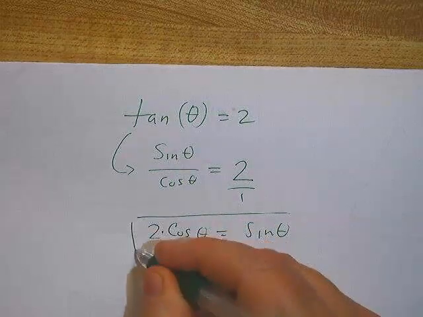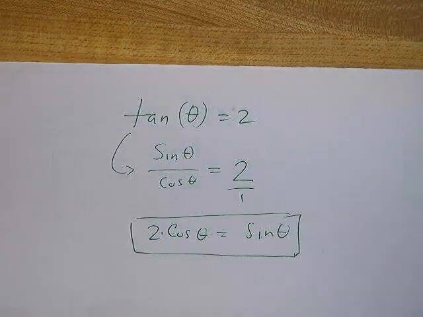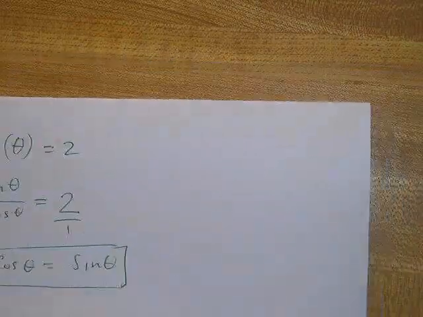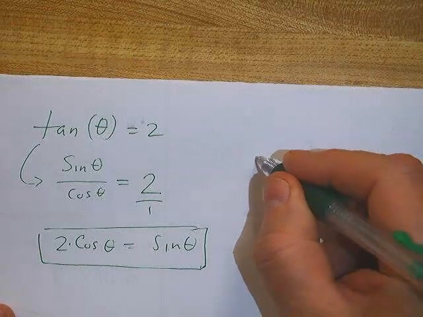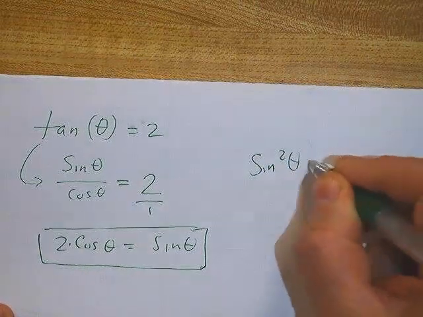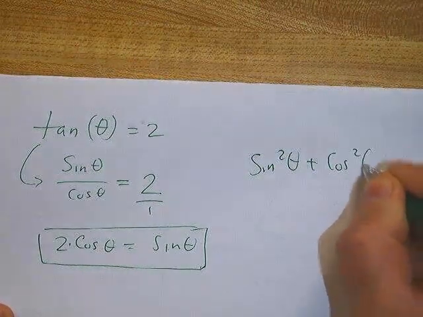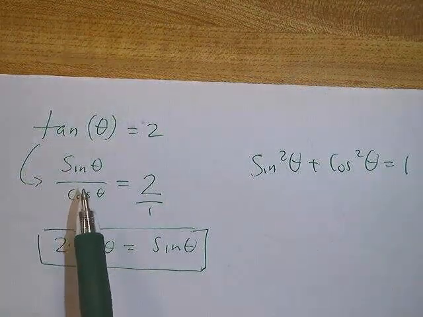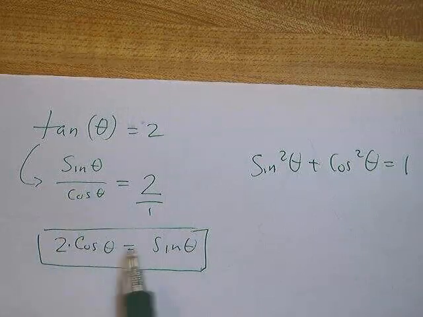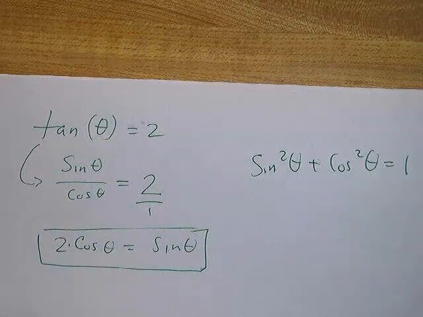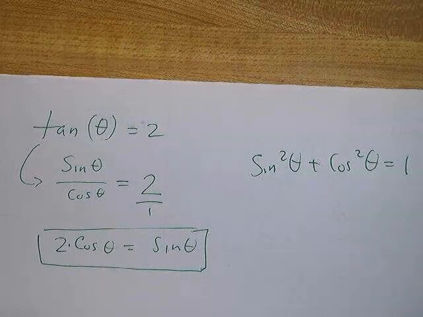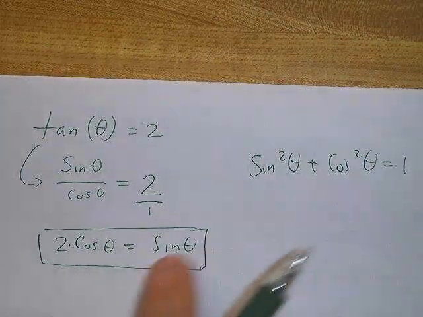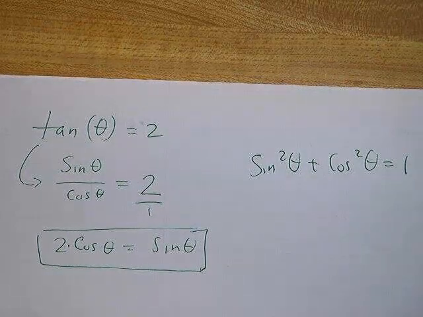The reason I'm doing this is because we have a Pythagorean identity, which states that sine squared theta plus cosine squared theta equals 1. So if I replace tangent with sine and cosine and then cross multiply to get either sine of theta or cosine of theta equal to something, we can do a substitution and solve for one or the other value.